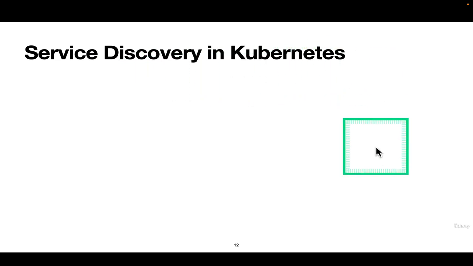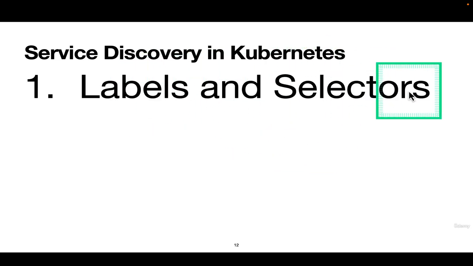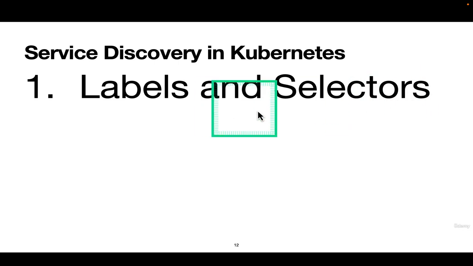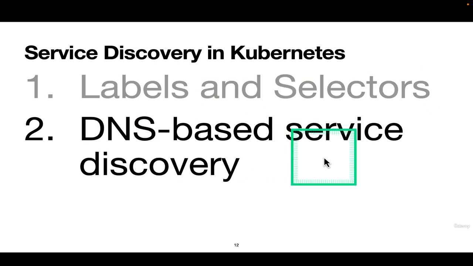Service discovery in Kubernetes. So we have labels and selectors. Kubernetes uses labels and selectors to associate services with pods they represent, ensuring proper routing of requests. DNS-based service discovery.